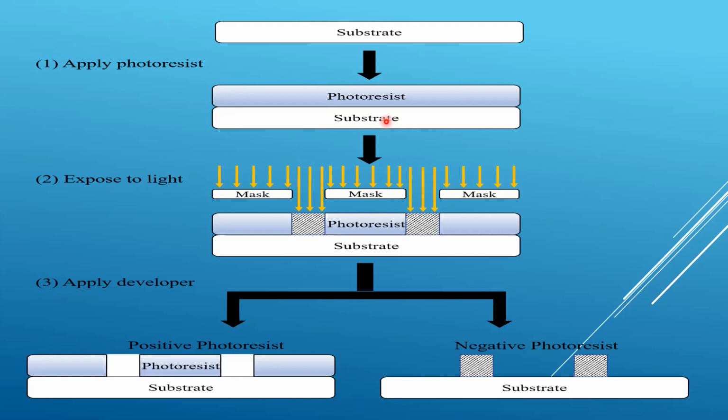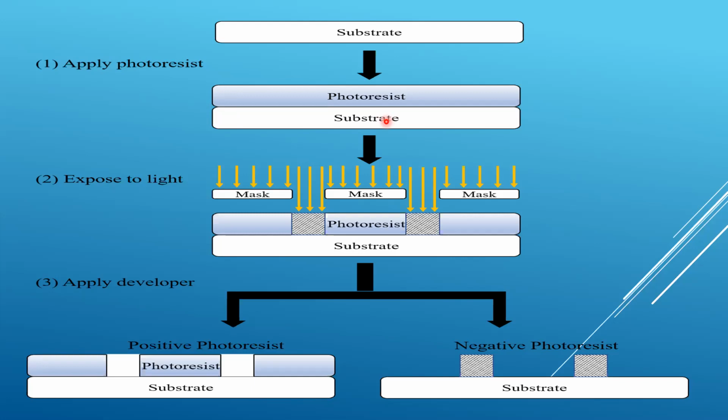Positive photoresist is a material that when exposed to the appropriate radiation, degrades or some chemical bonds are broken.